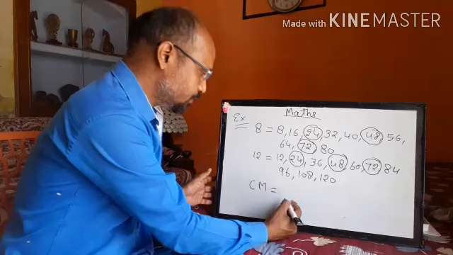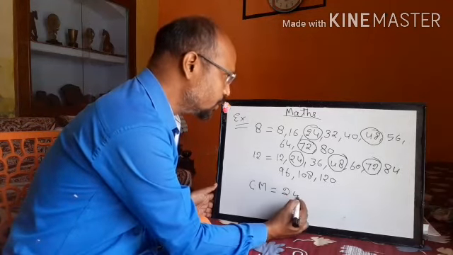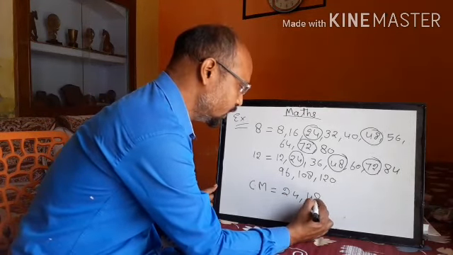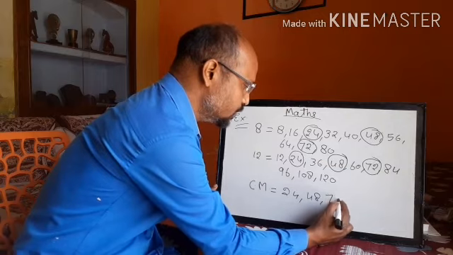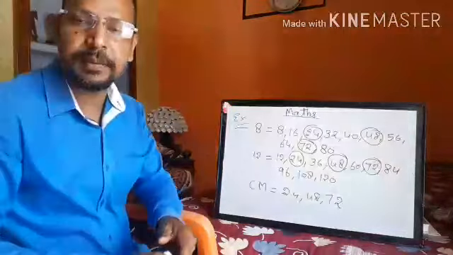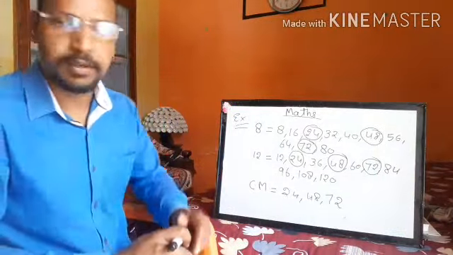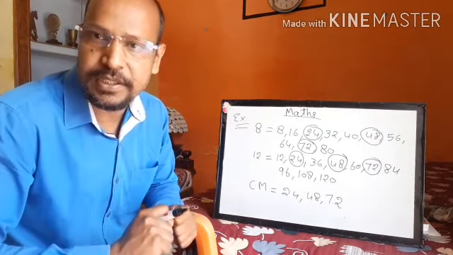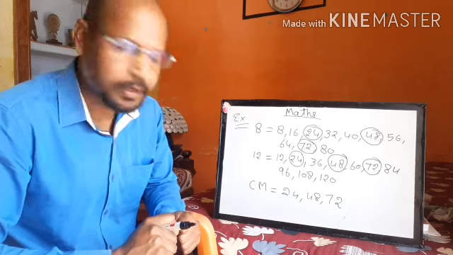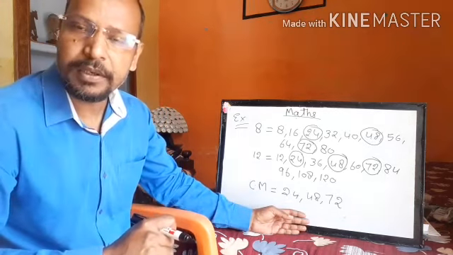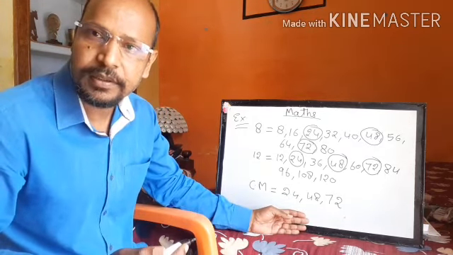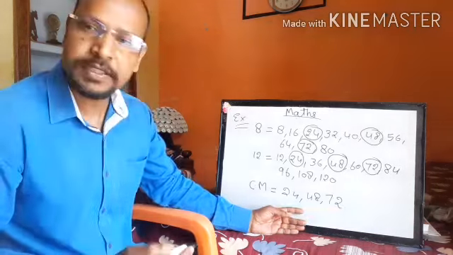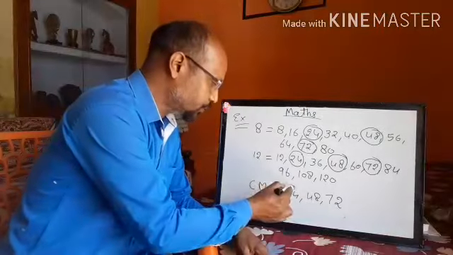So we now have 24, 48 and 72 as the common multiples of 8 and 12. Now if I ask you which is the lowest common multiple, out of these common multiples you will easily find the lowest one, and that is 24.